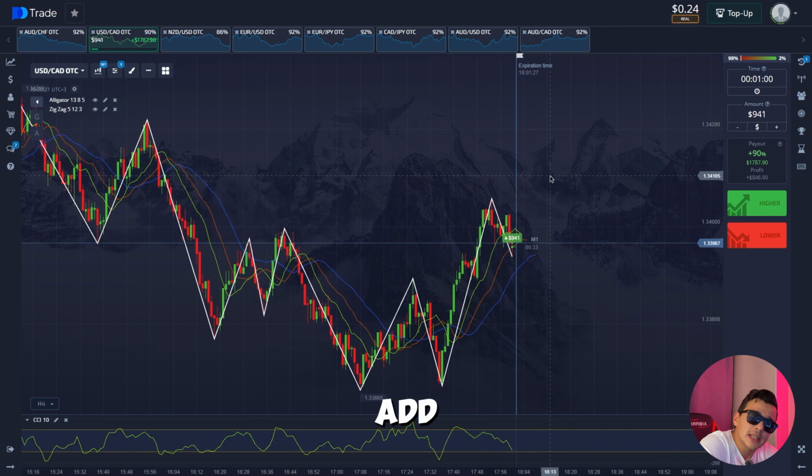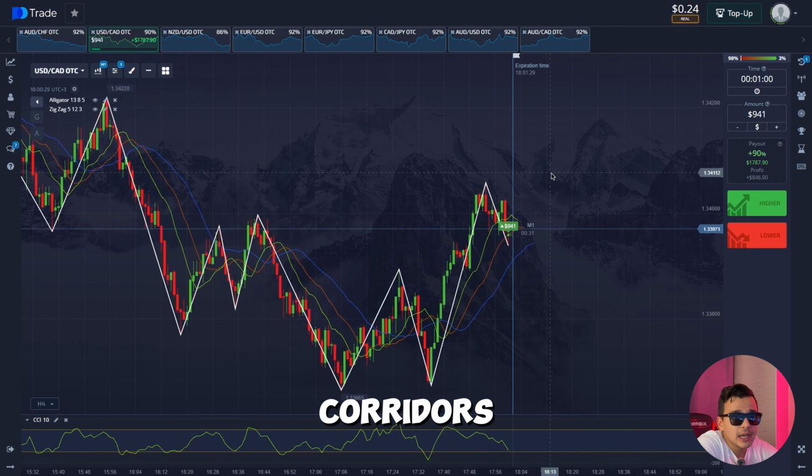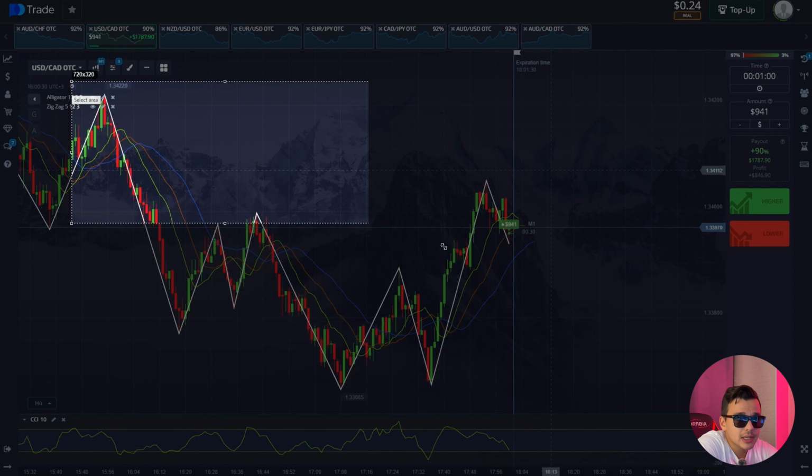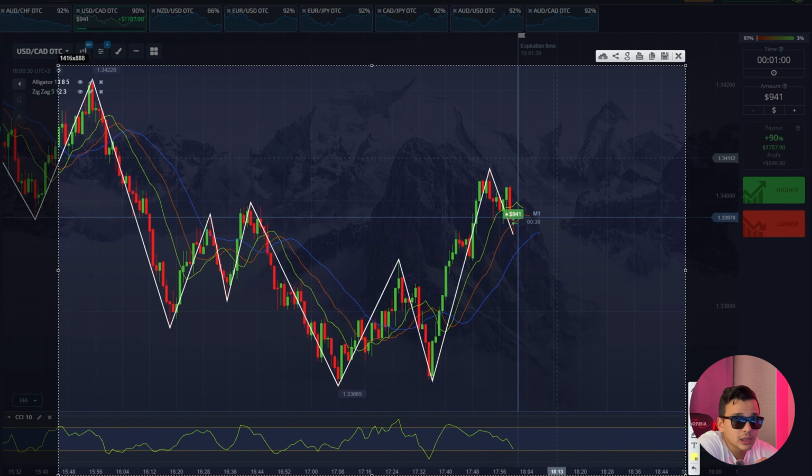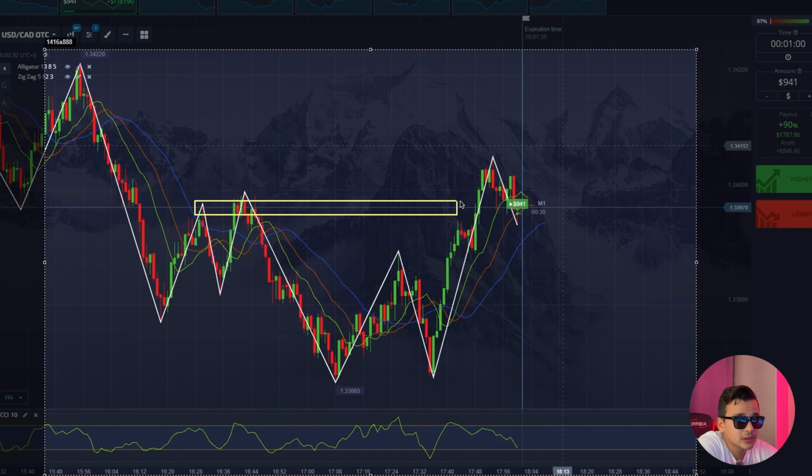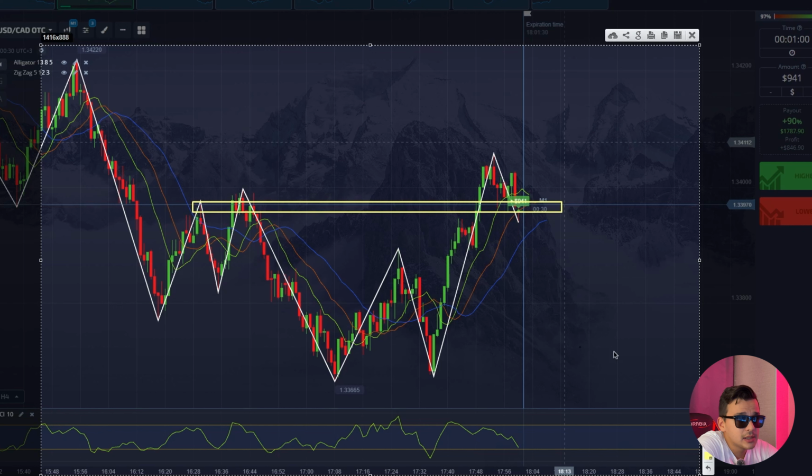Here we can add the concept of price corridors, namely these touch points. That is, for the lower price corridor, this point is a resistance area. Already, for the upper part of the movement of this point is an area of support.